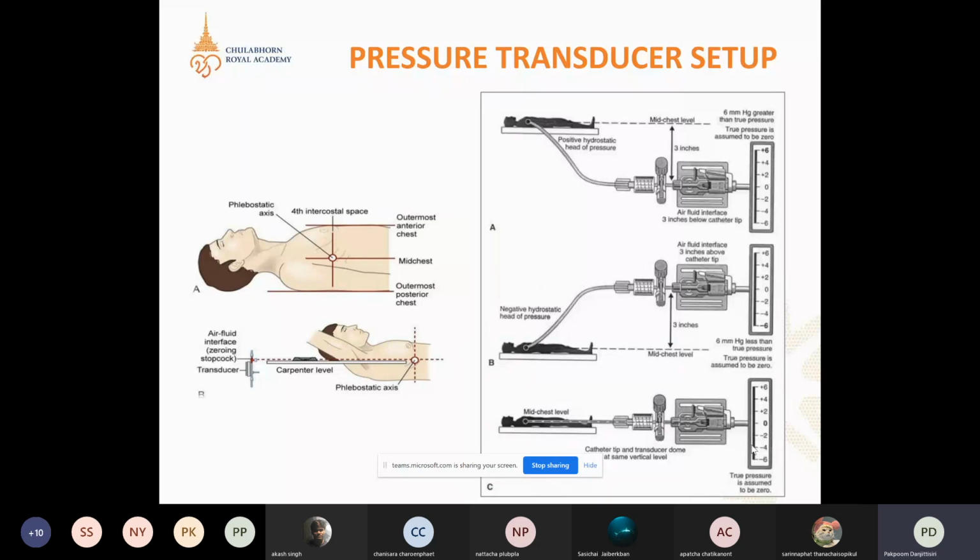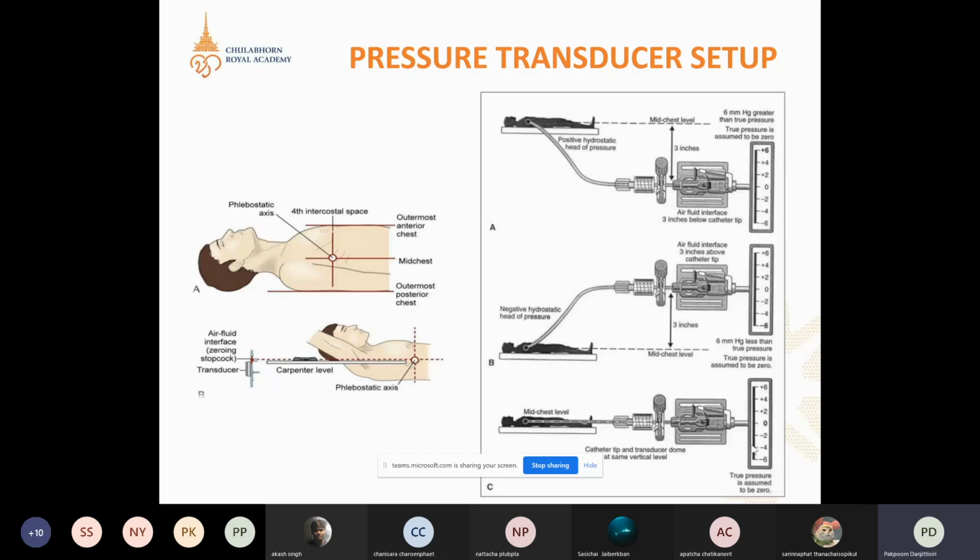About the pressure transducer, as I said earlier, the zeroing stopcock must be at the same level as the phlebostatic axis, at the mid chest or at the level of the anterior axillary line, right?